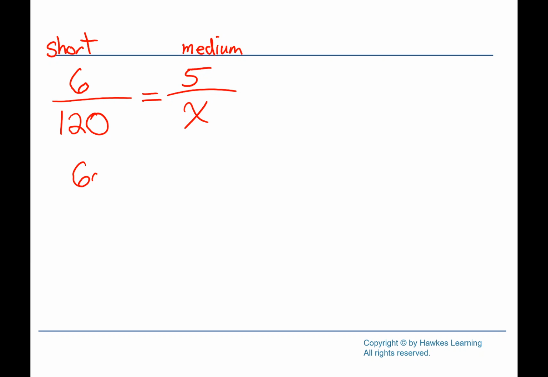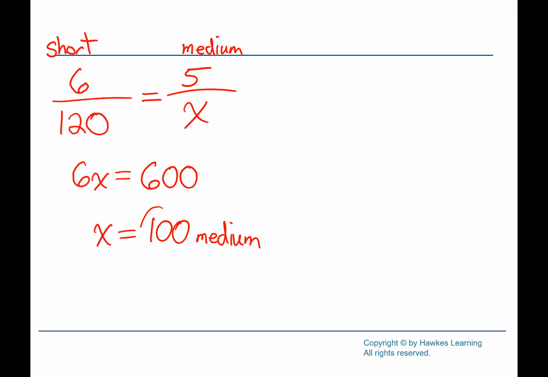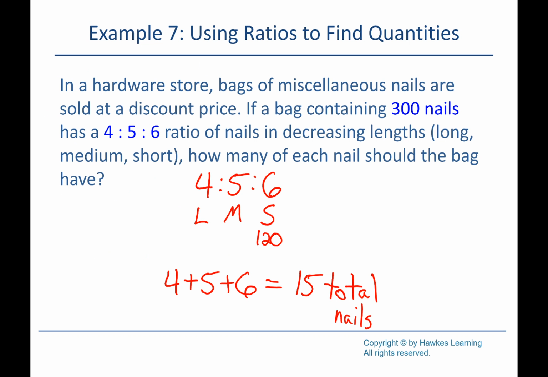And we, same trick, cross multiply. That one's a little easier. Divide both sides by 6. Get 100, and these are 100 mediums. So filling out what I know, I've got 100 of these.